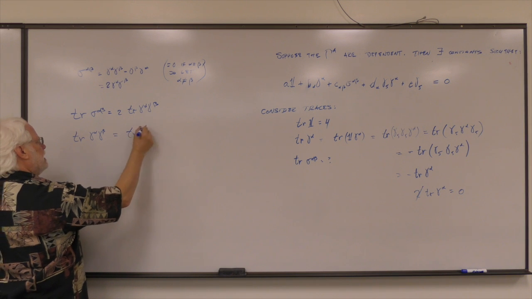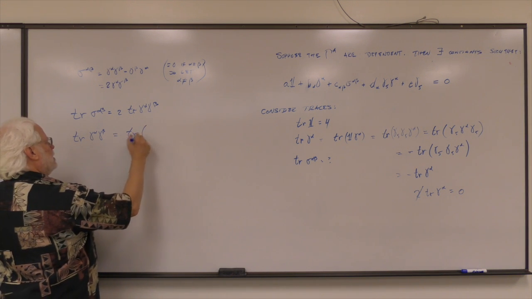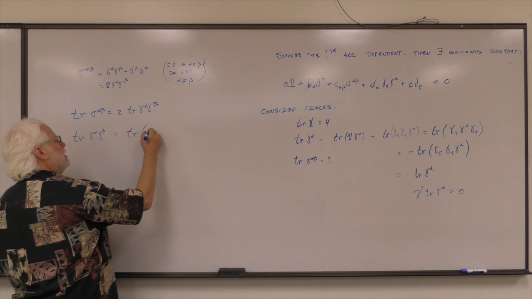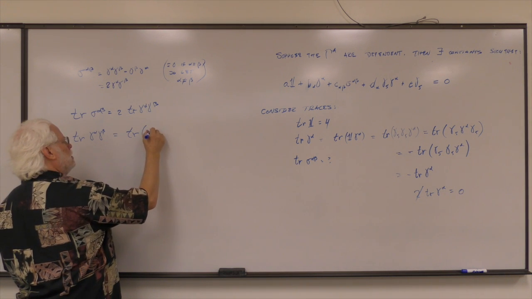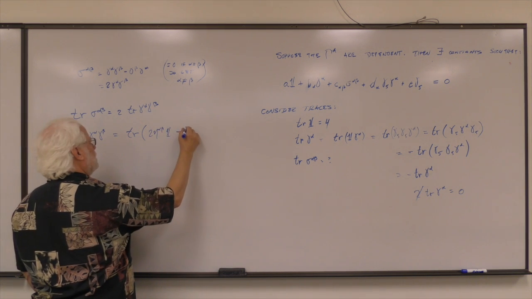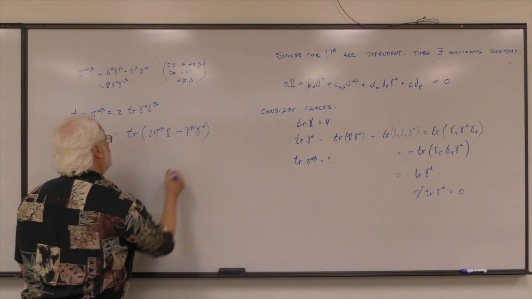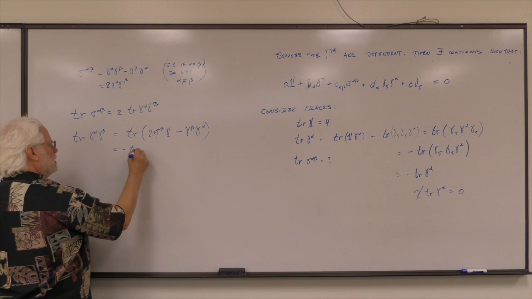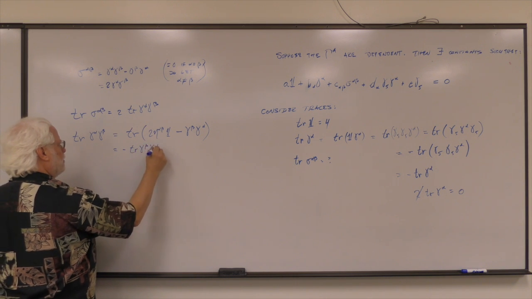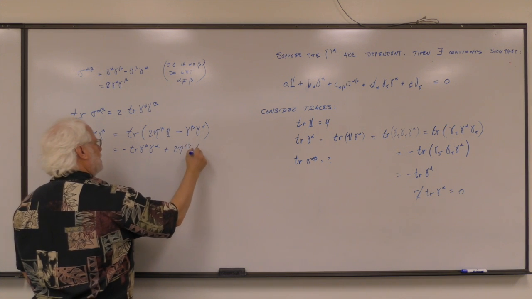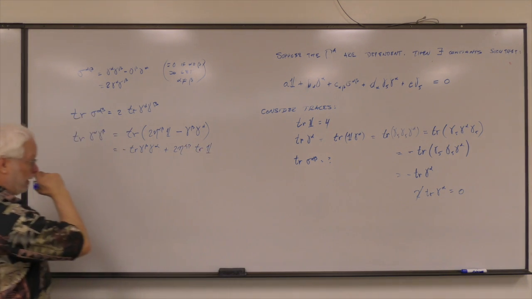Using the basic property of the Clifford algebra, this is equal to twice eta alpha beta times the identity minus gamma beta gamma alpha. So minus the trace of gamma beta gamma alpha plus twice eta alpha beta times the trace of the identity.